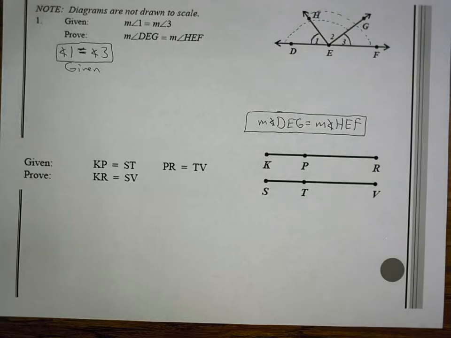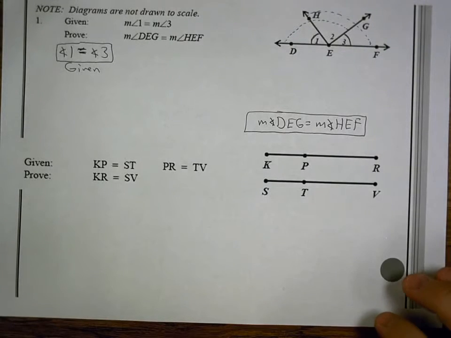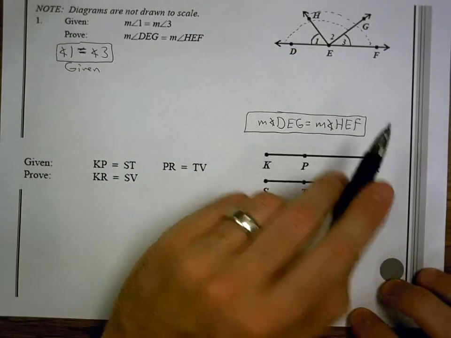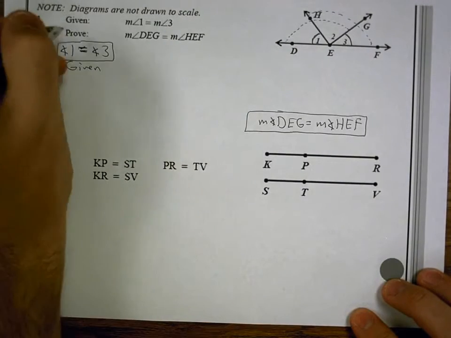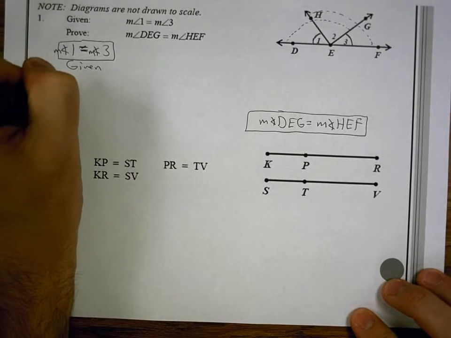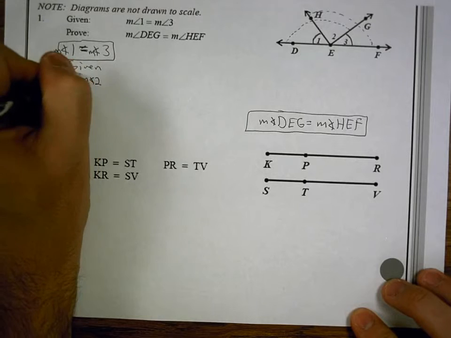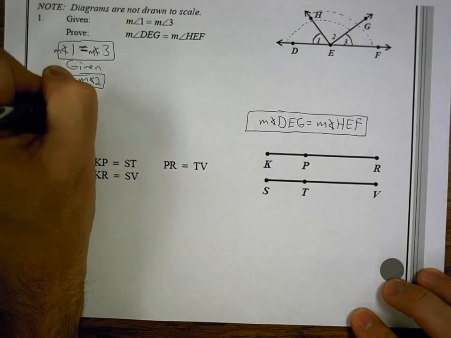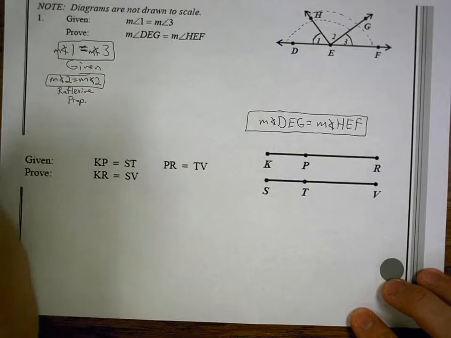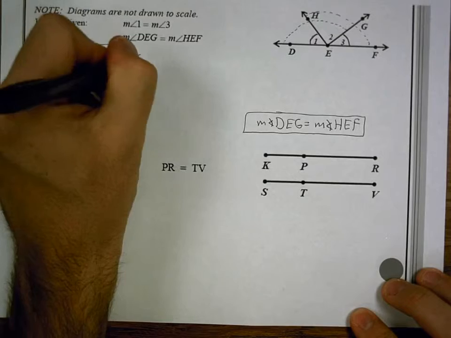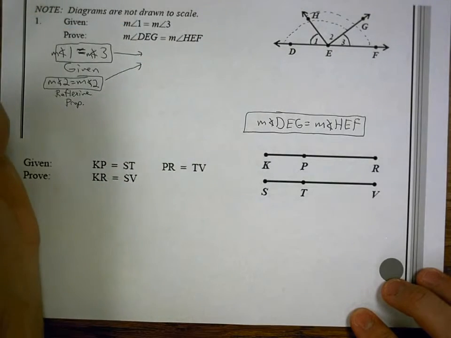But now we have to demonstrate that process and form that logical argument. So what I want is to get 2 added to both sides. I'm first going to put the measure in front of those. The measure of angle 2 equals the measure of angle 2. We should know that as the reflexive property. And typically when we do the reflexive property, we then add it to a statement.